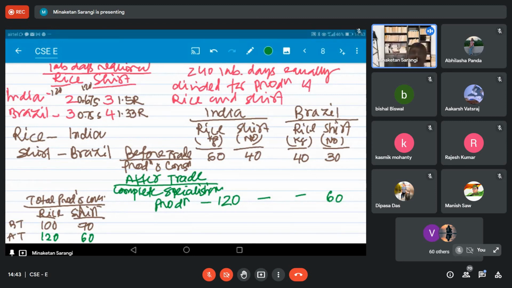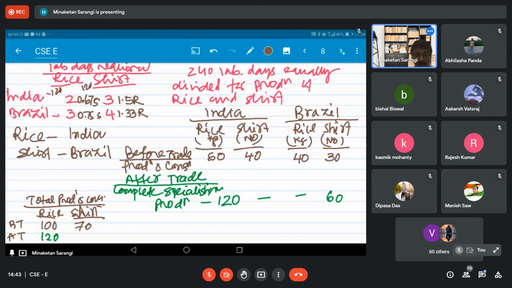So, can we say that trade can take place if complete specialization is the basis for trade? Can we say trade takes place when we take complete specialization as the basis?